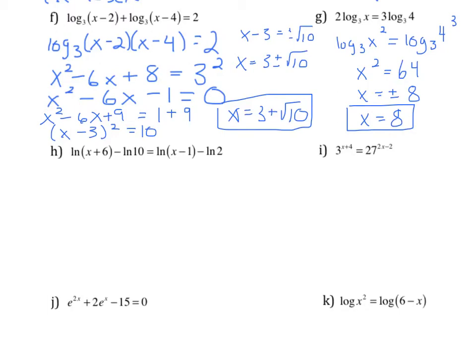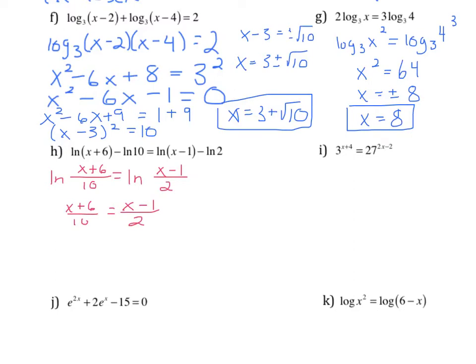For h, we want to first condense on both sides. So I'm going to have the natural log of x plus 6 divided by 10 equals the natural log of x minus 1 divided by 2. And since I have a natural log on both sides, they can cancel out. So x plus 6 over 10 equals x minus 1 over 2. And now I can just cross multiply and solve for x.